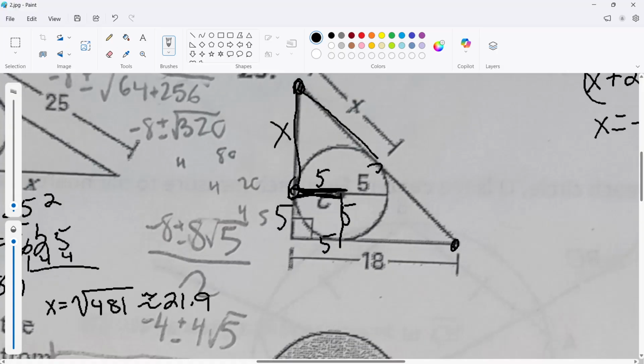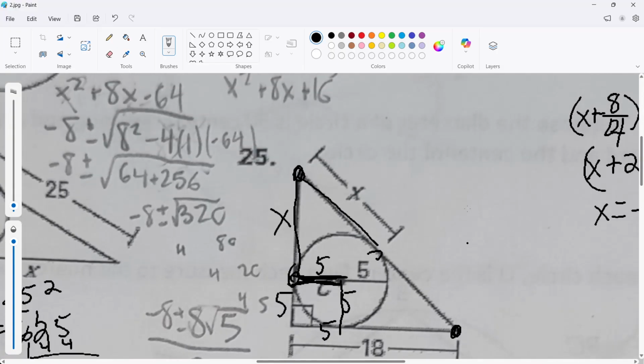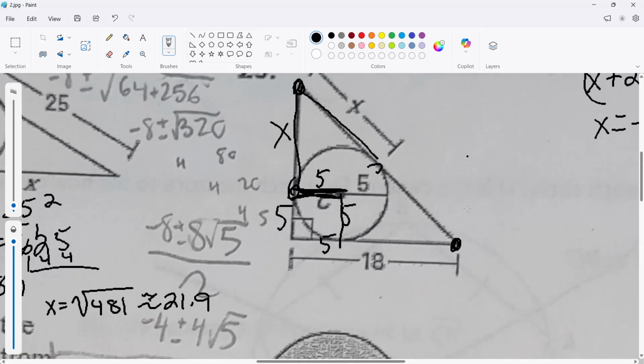Oh, here. So what am I trying to find here? I'm trying to find x. So that's 18, and this is x, so this is going to be 18 minus x.